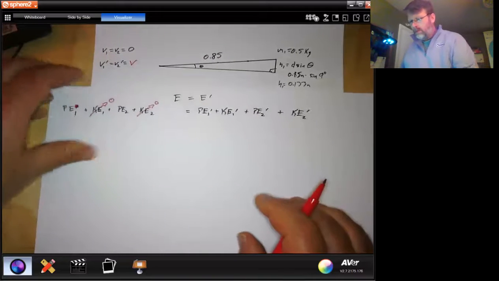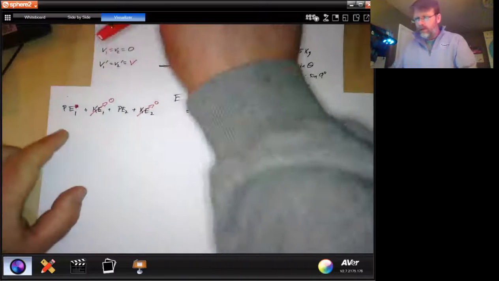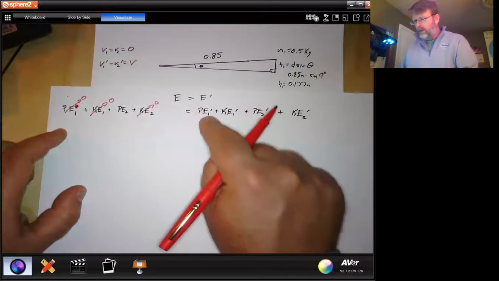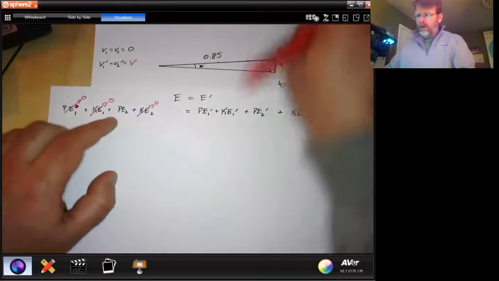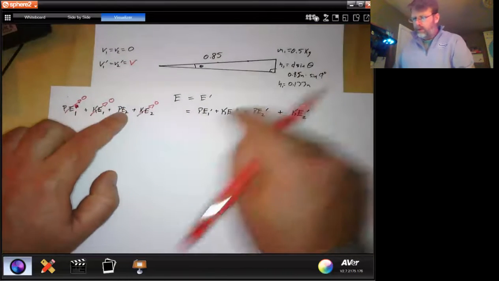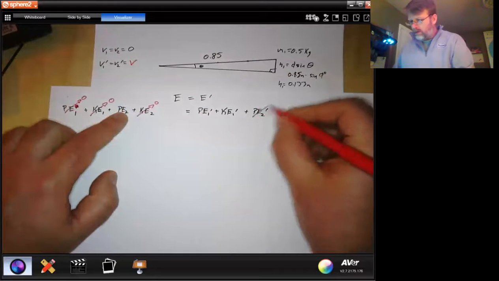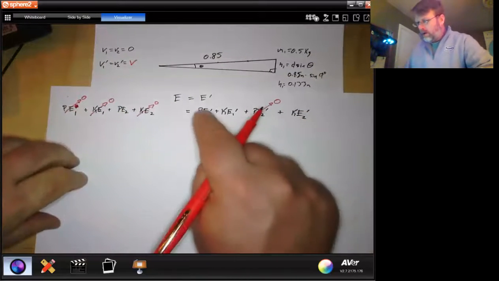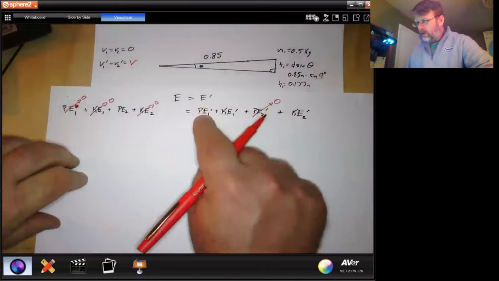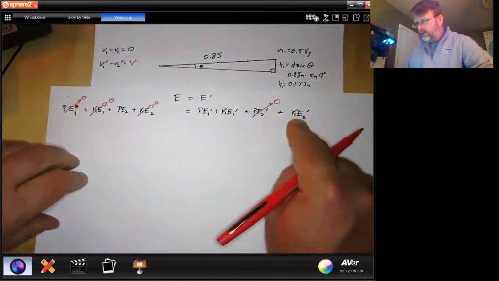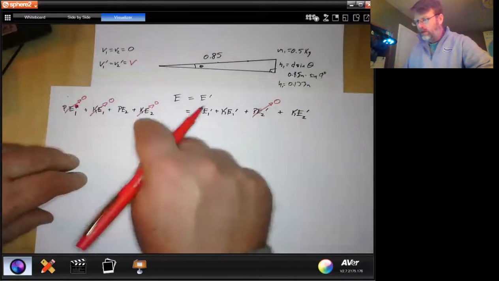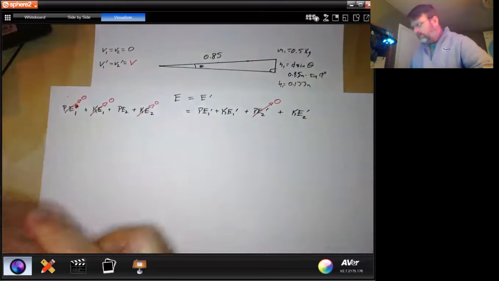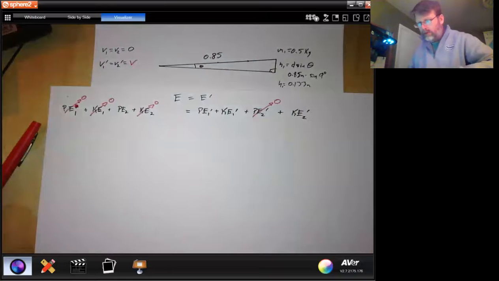The cart started on the ground and ends up in the air, and the mass starts in the air and ends up on the ground. So this is in the air, this is moving, this is moving, this is in the air, and nothing else is moving.